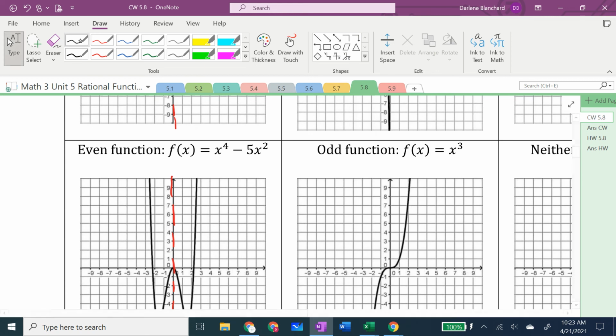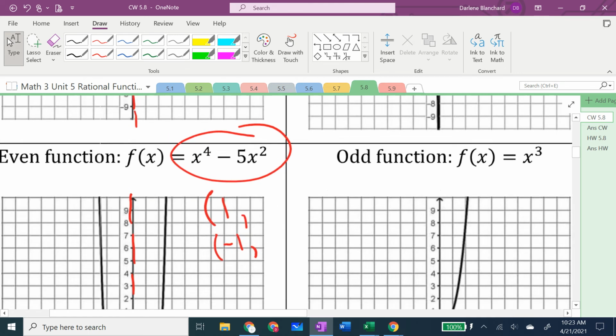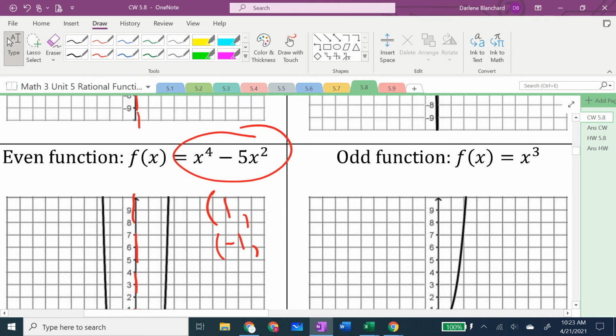Over here, if I look at the equation and I look at +1 versus -1, and actually, do you notice something interesting about the exponents? What are both of those exponents?